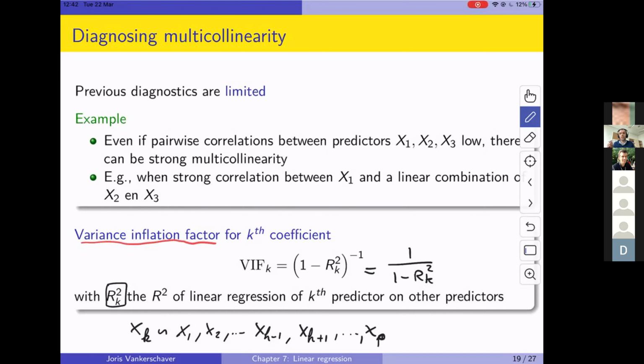And so what do we expect? Well, if there's multicollinearity, then we expect xk to be explained by the other variables. So we expect Rk to be high.